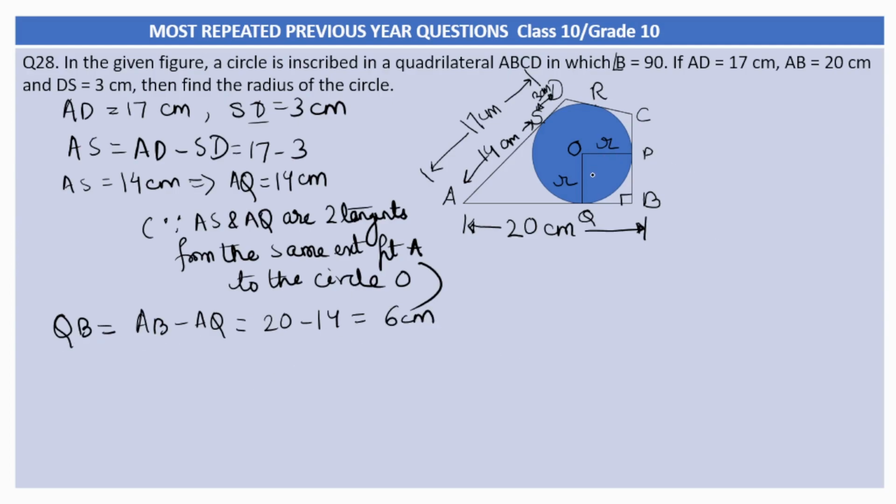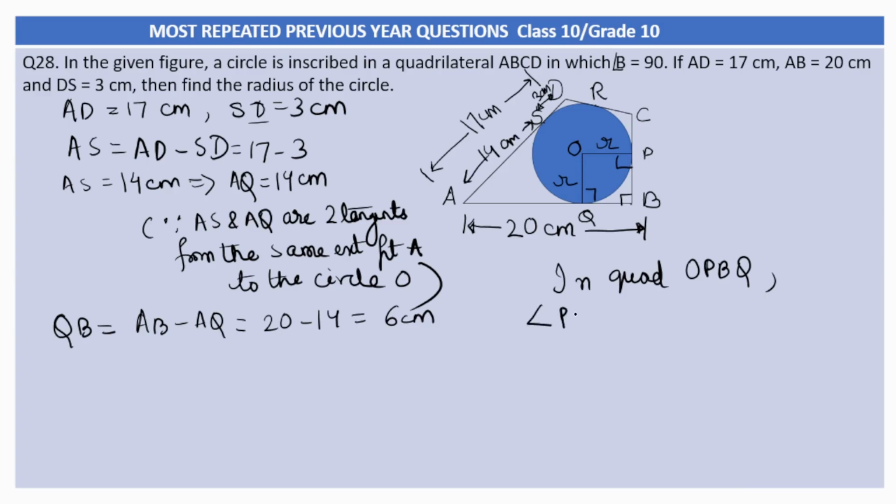Now let's have a look at this particular figure here, quadrilateral OPBQ. If you look, these are 2 tangents from the point B. So this angle here will be 90 degrees. This angle here will also be 90 degrees.